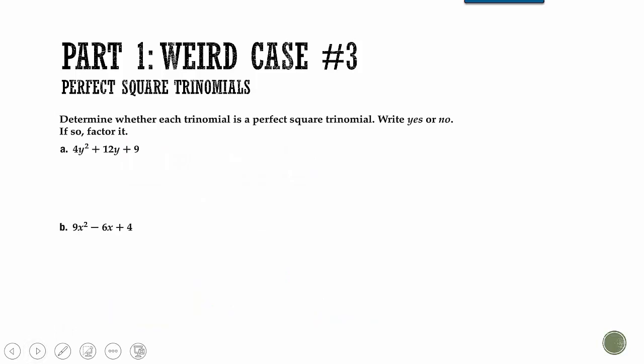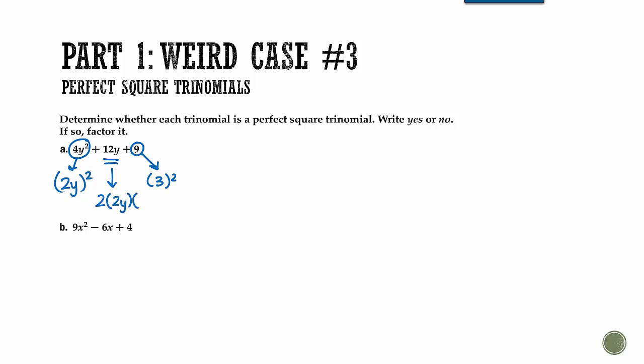So this says determine whether each trinomial is a perfect square trinomial, write yes or no, and then if it is, factor it. So how we can check this is we can ask ourselves, what would I have to square to get 4y squared? We would have to square 2y. And then what would I have to square to get 9? And we would have to square 3. And then we need to check, does this middle term equal 2 times 2y times 3?